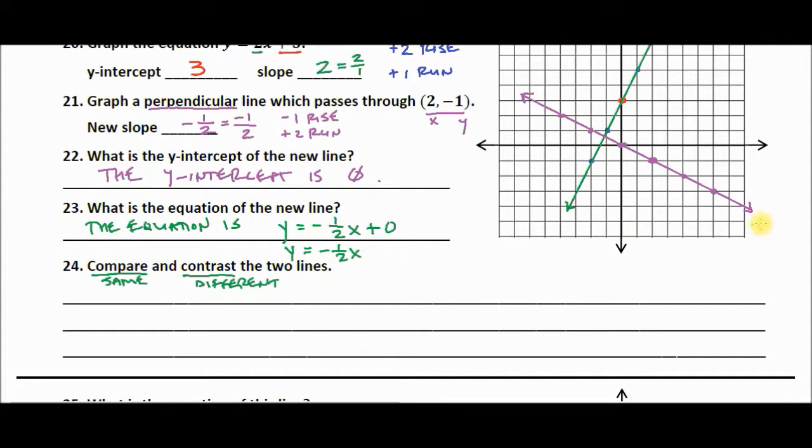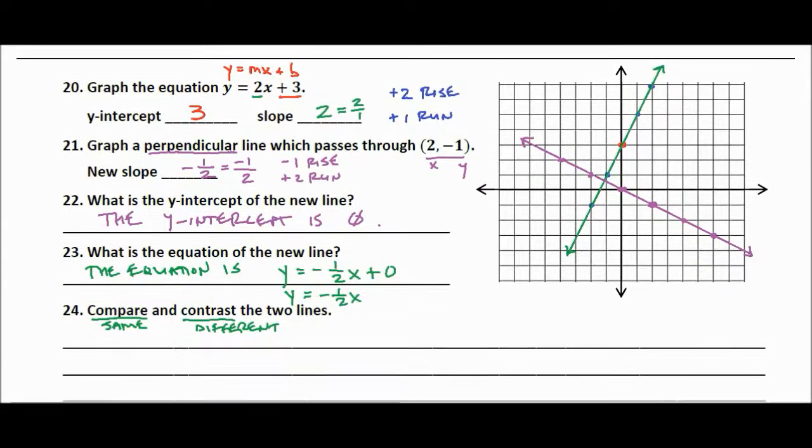Okay, let's look at what's the same. Well, I only see one thing that's the same between these two lines, and that's this point right here. And I don't even know what the coordinates of that point are, actually, because it doesn't look like it falls exactly on the graph.